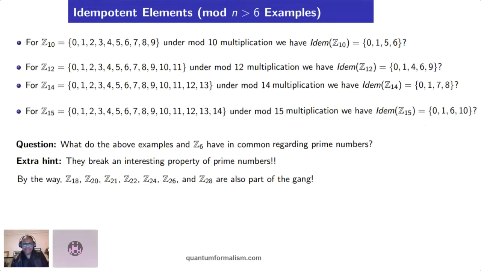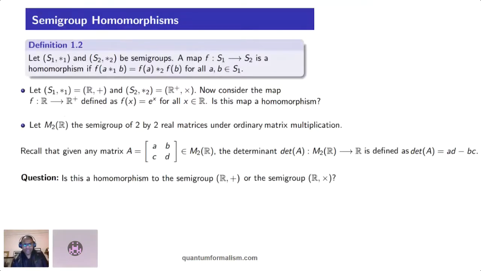Okay, so now let's go to homomorphisms. So given two semigroups, S1 with star 1, so star 1 is the first binary operation with respect to the first set S1, and S2 with star 2.